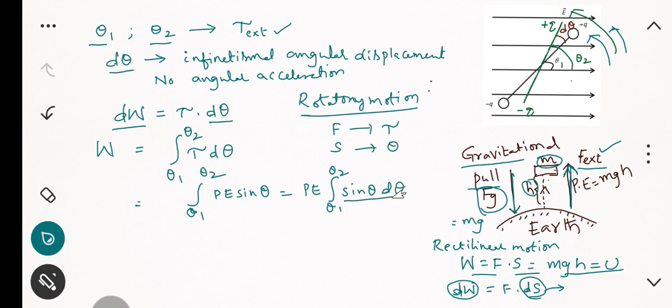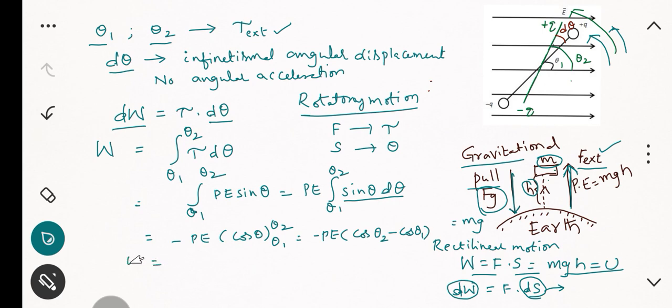Here integration of sin theta d theta is minus cos theta. So we get minus PE into cos theta. By applying the limits theta 1 to theta 2, that is equal to minus PE into cos theta 2 upper limit minus cos theta 1 lower limit.